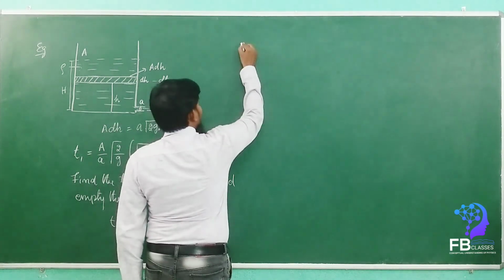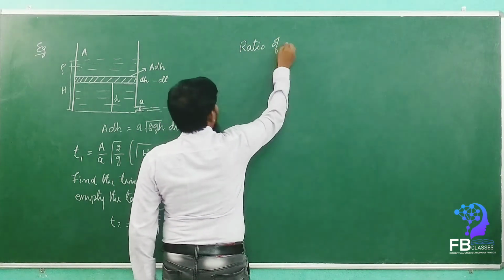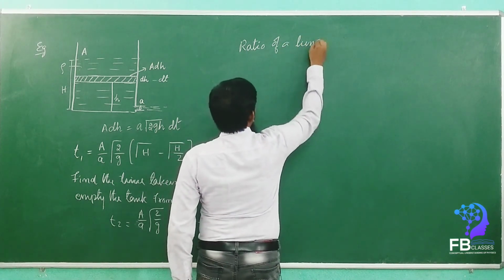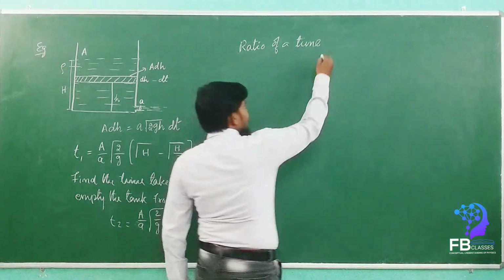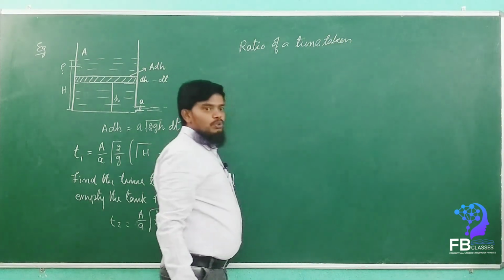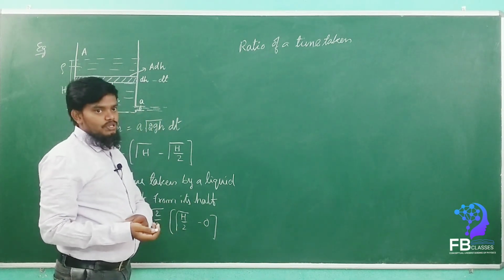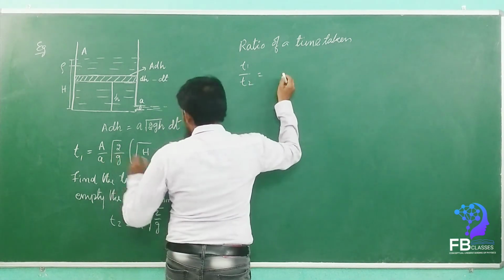Sometimes he may ask the ratio of the time taken from full to half, and half to zero. Then t1 by t2 is equal to how much, my dears?